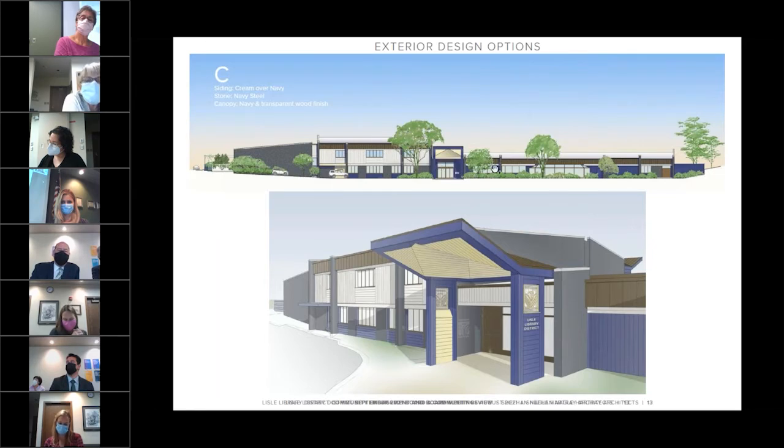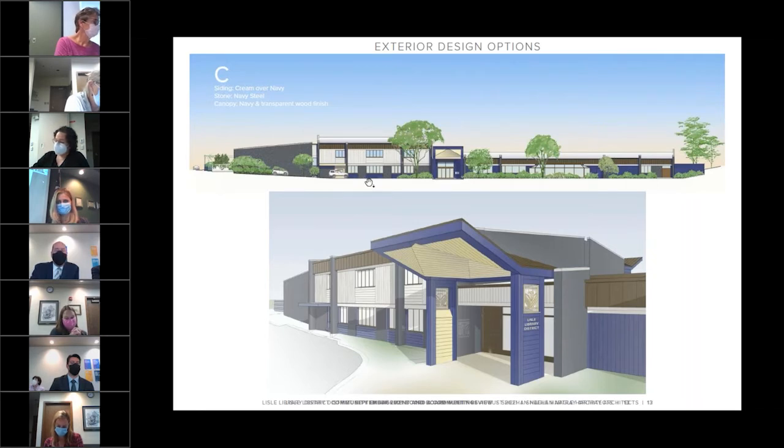In this case, then, the rest of the siding is painted a blue. It's intended to be a navy blue color that becomes the highlight for the siding here. The stone color is a color that the manufacturer refers to as navy steel. So it has a bluish cast to it, and we think works well with this color palette that's shown here.